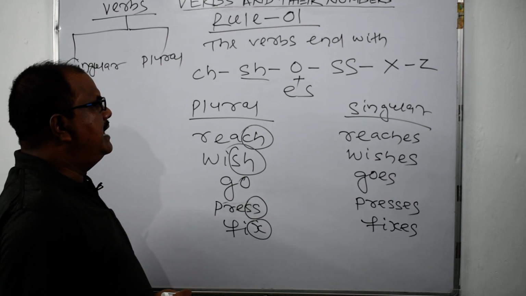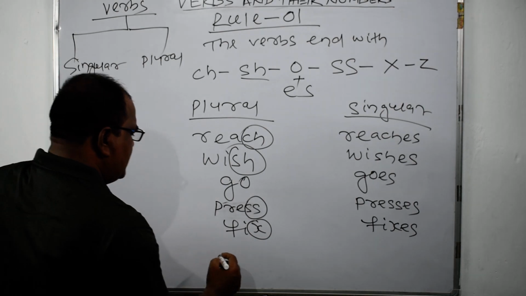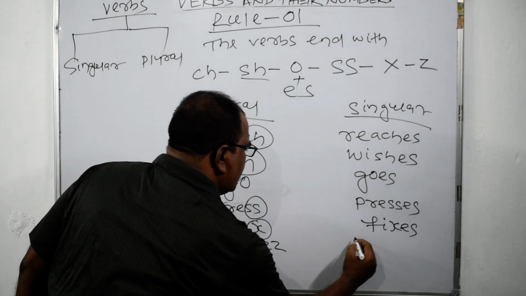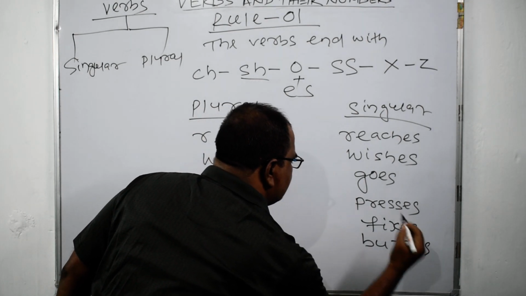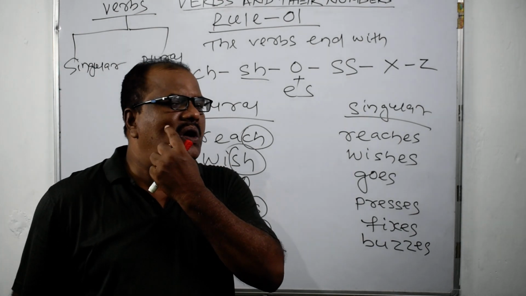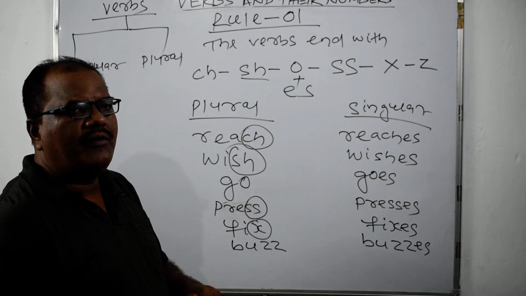And another example of a verb which ends with z, budge. Its singular form is budges.